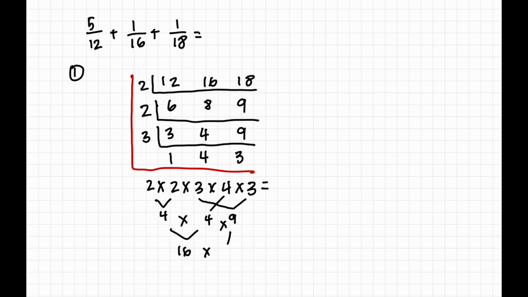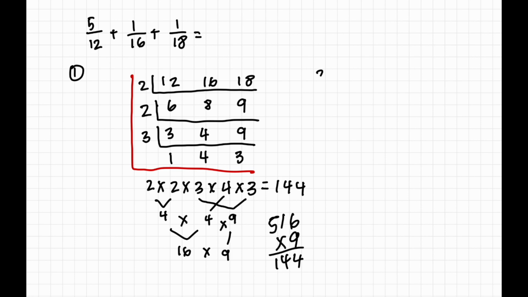Times 9 is 144. Let's just double check that real quick. 6 times 9 is 54, and then 90 plus 54 is 144. Good job. So the least common multiple would be 144.